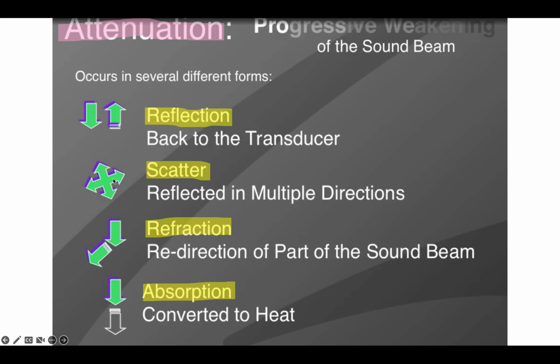Some of the sound scatters and is reflected in multiple directions, and a lot of echoes do not actually get back to the transducer. Some of the sound wave will be redirected, which is called refraction, and some will be absorbed and converted to heat. Those are the different forms of attenuation of sound in tissue.